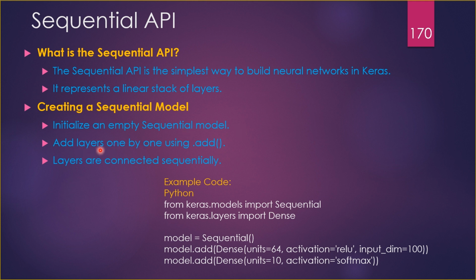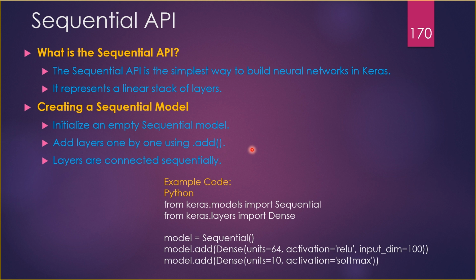Then add layers one by one using the dot add function. There is a function dot add, and if you pass the required parameters here, the function will itself add some layers and create the probable set of weight matrices for you, and you don't need to work explicitly on creating those things. And then these layers are connected sequentially.